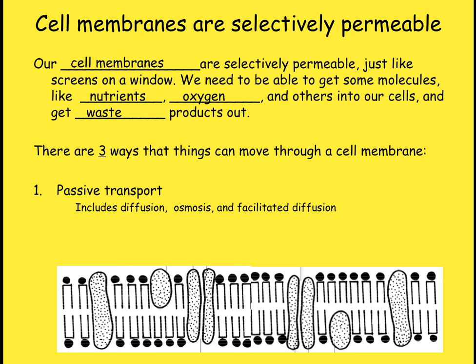The second is called active transport. And the final way is endocytosis and exocytosis. I will explain the types of passive transport in the next lecture, and then move on to active transport and endo and exocytosis in lecture 3.